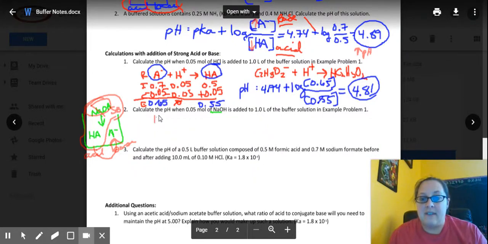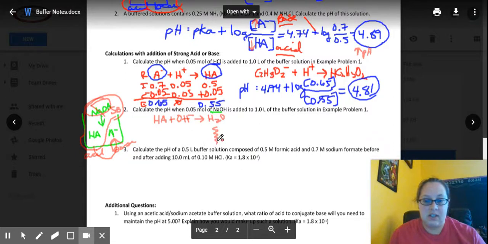So I'm going to have HA, the acid component, reacting with the OH minus. So when that is the case, what I'm going to do is form two things actually. One thing is I'm going to form H and OH, so I'm going to form water, but that doesn't really play a role.